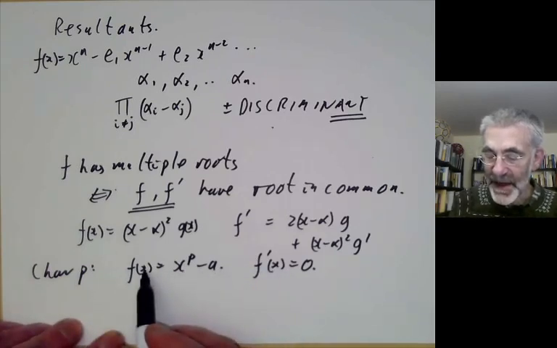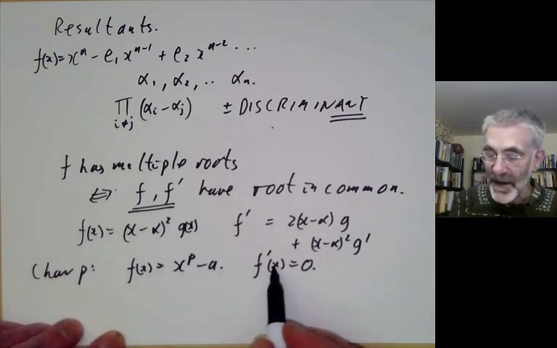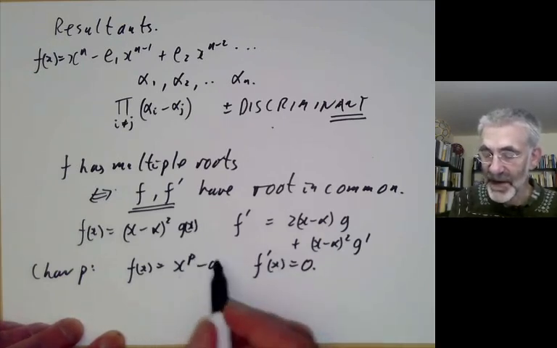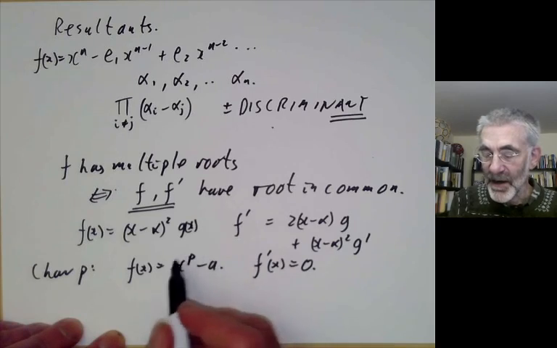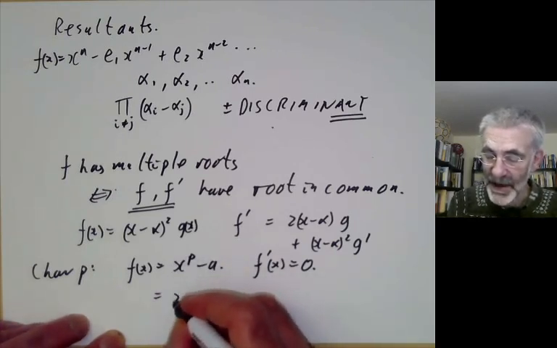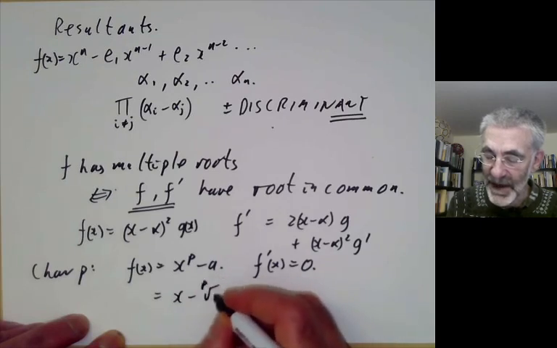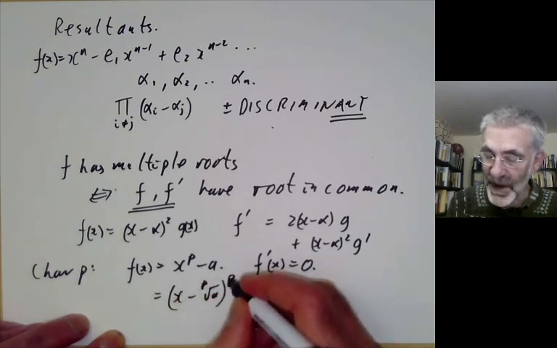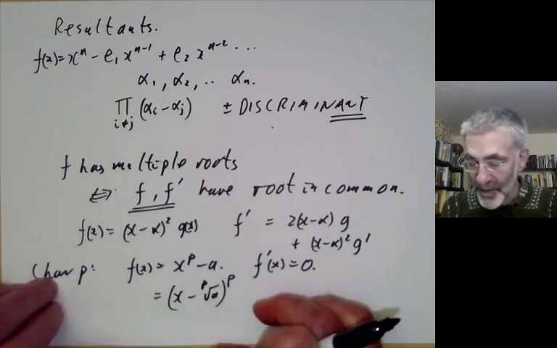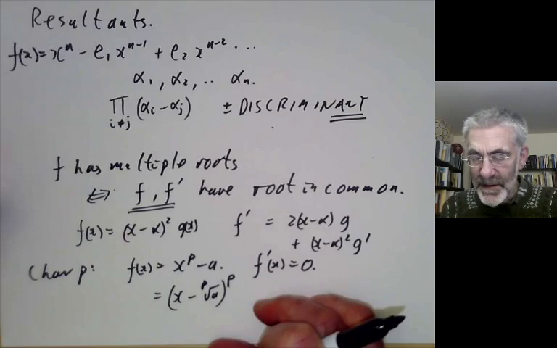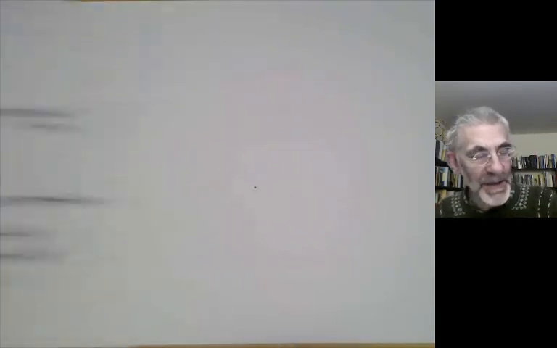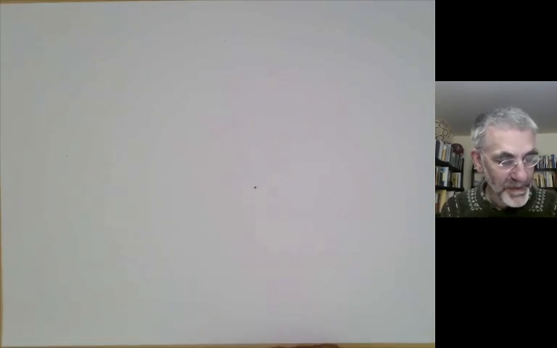Notice that in this case, f and its derivative certainly have lots of roots in common because the derivative is 0. And in fact, this polynomial does have a very highly repeated root in characteristic p because this is equal to (x - the pth root of a)^p. So although this works in characteristic p, it gives slightly unexpected results at times.